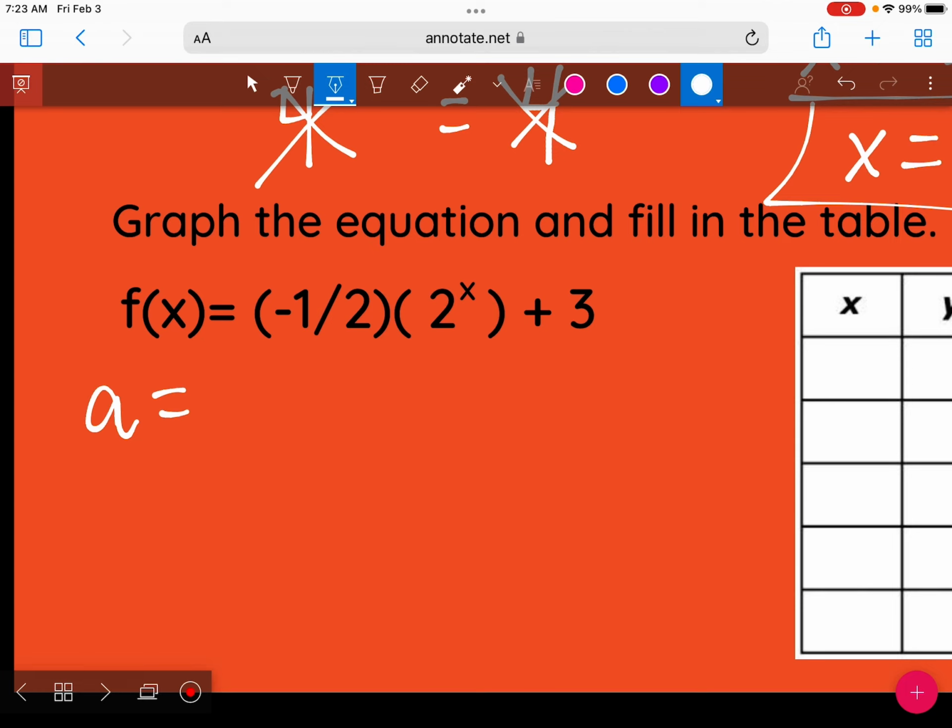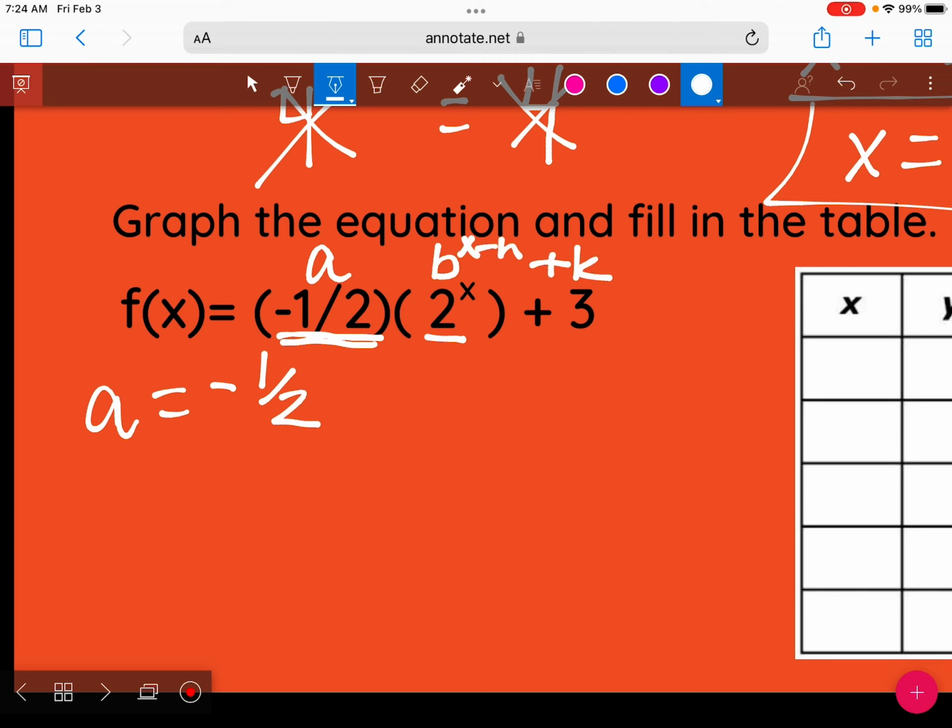Negative 1/2. Yep. It's whatever is in front of our base, which is, in this case, 2. Okay? It's A, B to the x minus h plus k.